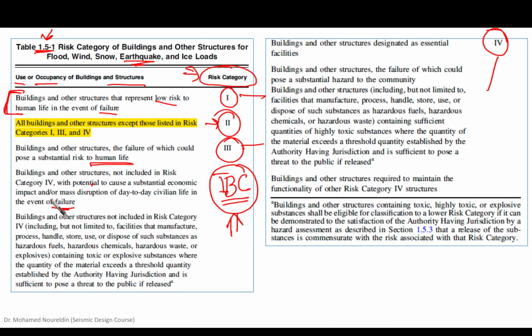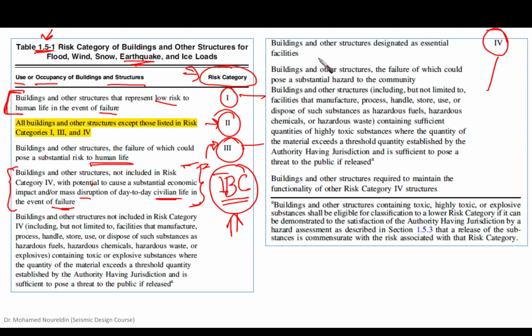So there are some buildings that are important, not in category 4, but as they say here, their damage would cause a substantial economic impact and/or mass disruption of day-to-day civilian life. That's important for us to take care of, and these kinds of buildings we need to assign to risk category 3.